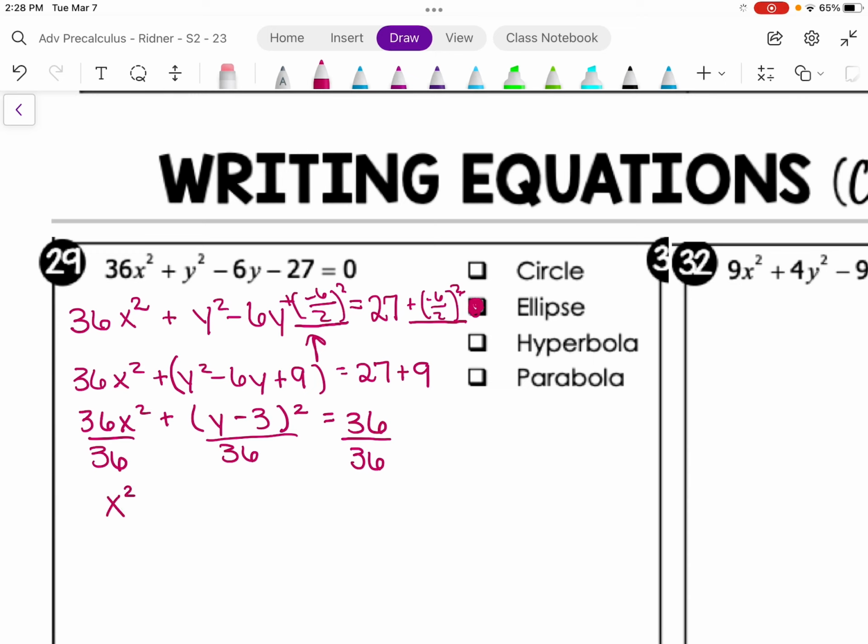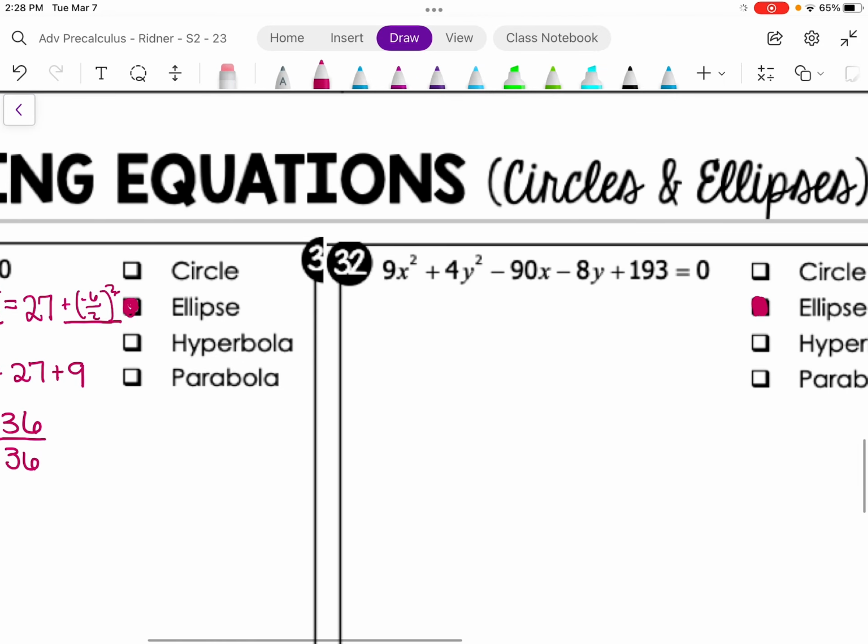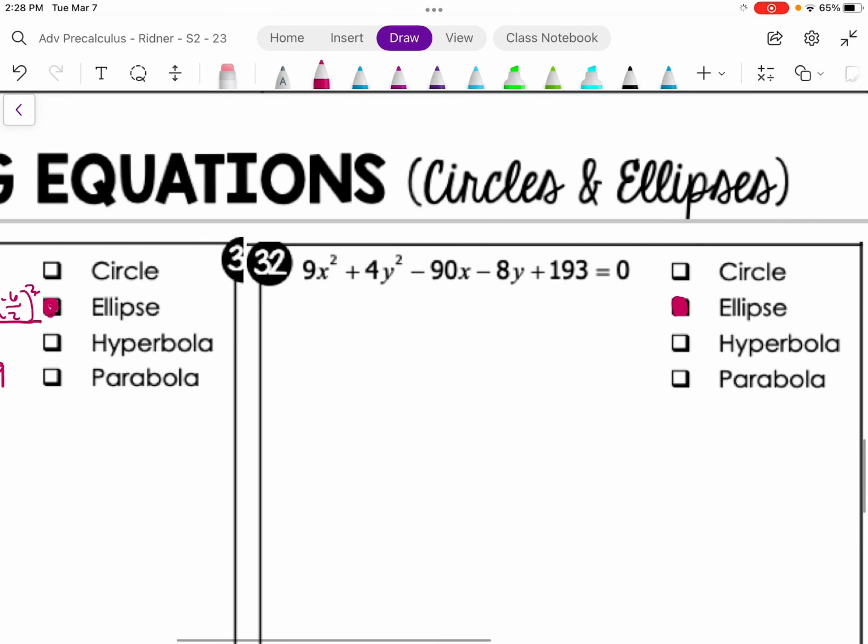So I get x squared plus y minus 3 quantity squared over 36 equals 1. And I'm already finished. Remember that x squared is like being over 1, but it is not necessary to put it over 1.